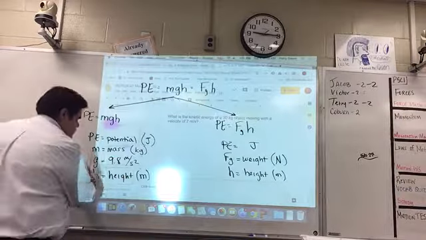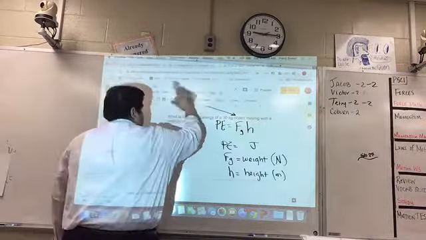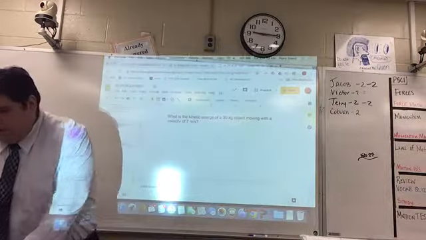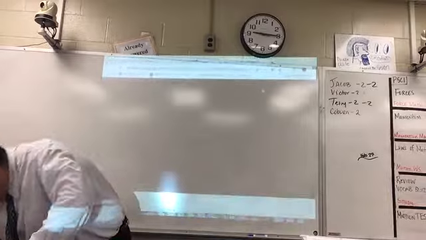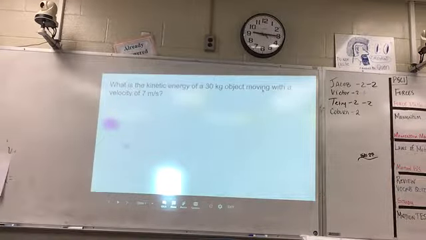Remember, we have two formulas that we have learned today. Here's the problem. It's a short one, so go ahead and write this one in your notes, that way you have it to access for later. It says, what is the kinetic energy of a 30 kilogram object moving with a velocity of 7 meters per second? If you don't know what the question is here, you're seriously lost.